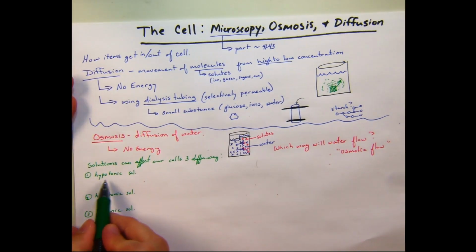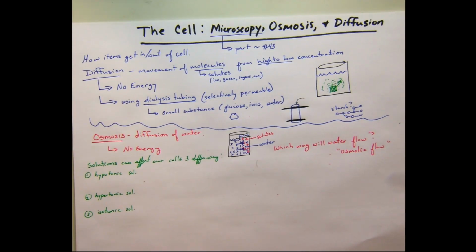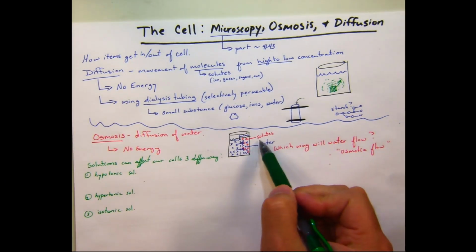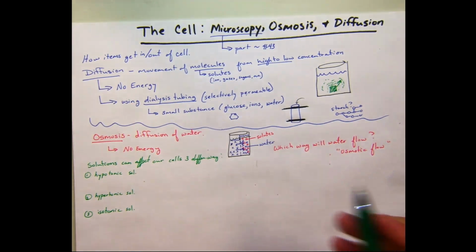Just based on the name, the fluid that is surrounding our cells has less (hypo means less), has more of something, or is equal of something. When we say this, we're referring to these solutes that we see here.